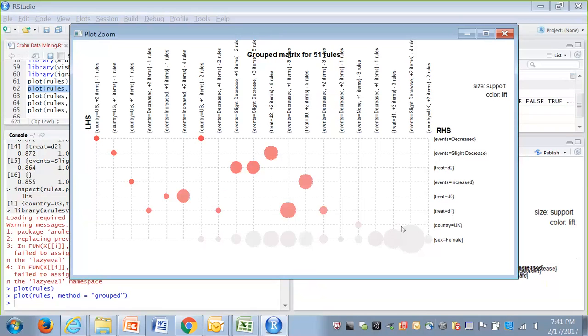So D1 shows a decrease, D0 shows an increase. That means two different drugs there. And for D2, we're seeing a slight decrease. So we know that two of the drugs, and I'm assuming D1 and D2, are the active. D0 could be the placebo.